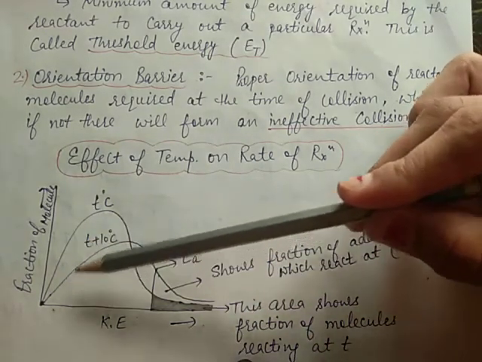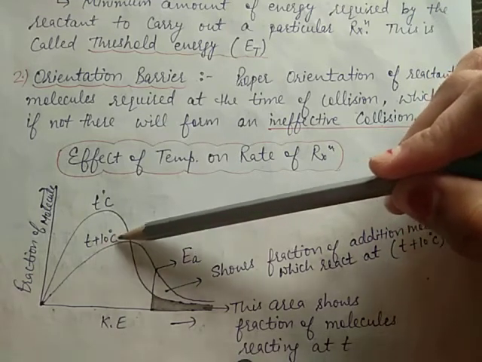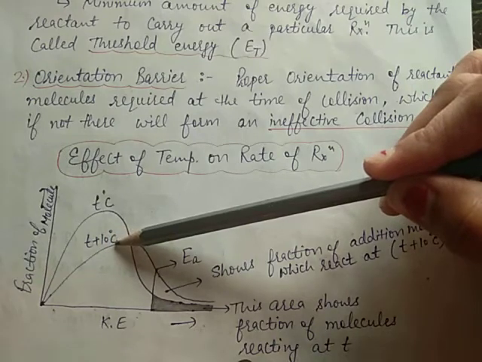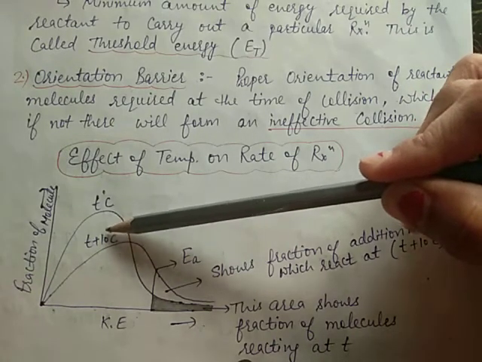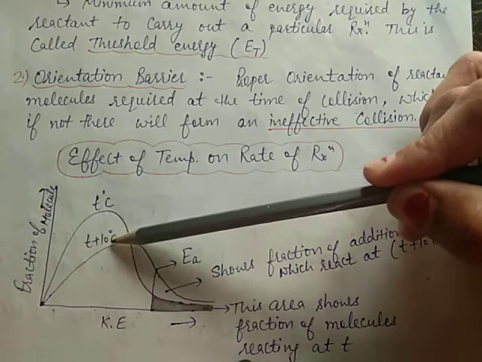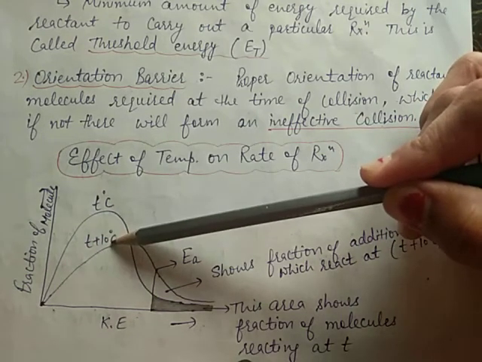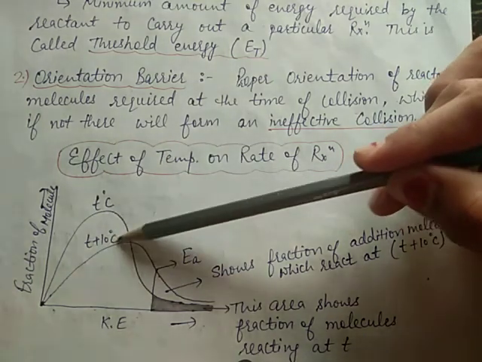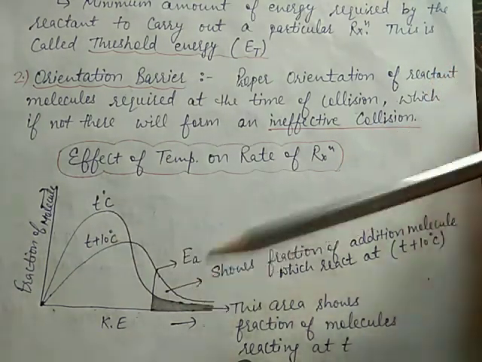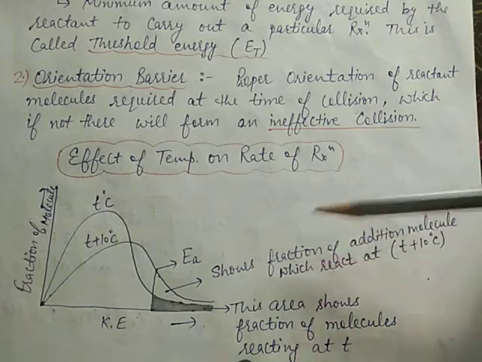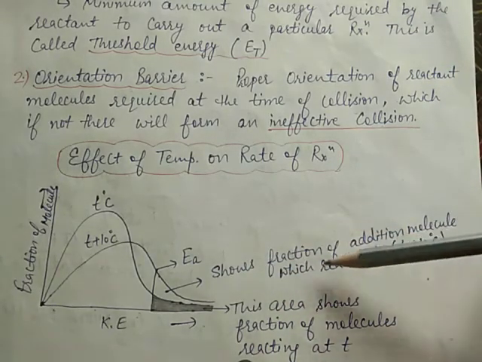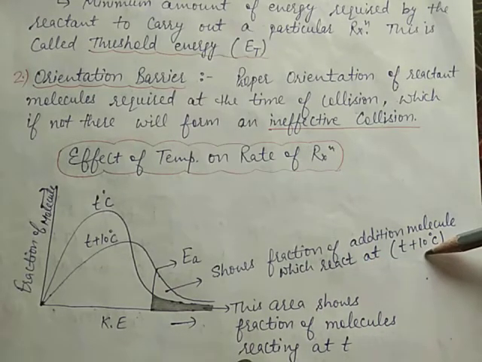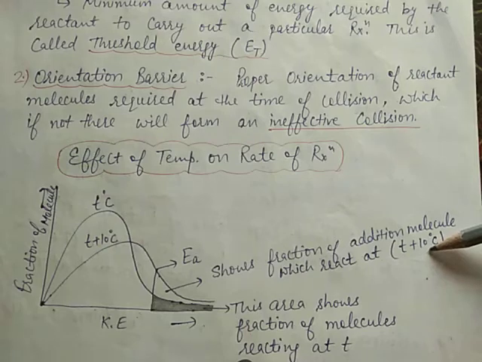But at T plus 10 degrees Celsius, that is, if the temperature is increased by 10 degrees Celsius, then the rate of reaction becomes double. So this area shows the fraction of additional molecules that react at temperature T plus 10 degrees Celsius.